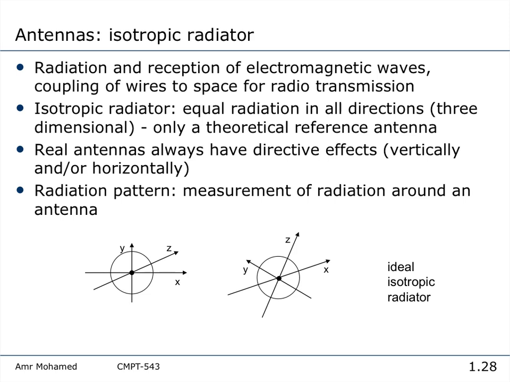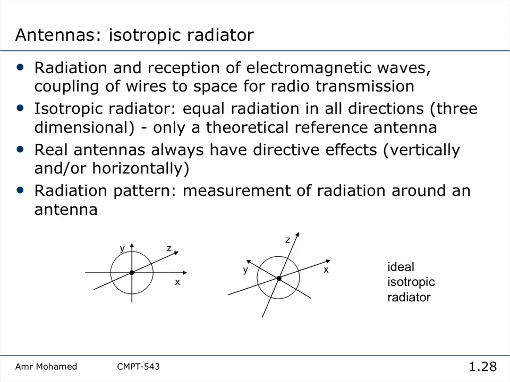So if you measure the electromagnetic wave from any point on the same sphere, you will find it pretty much the same, right? This type of antenna is practically infeasible, and it does not exist. We don't have this antenna in practice.